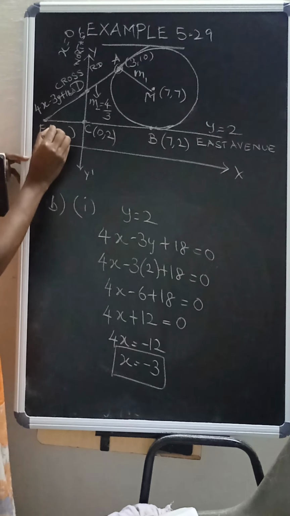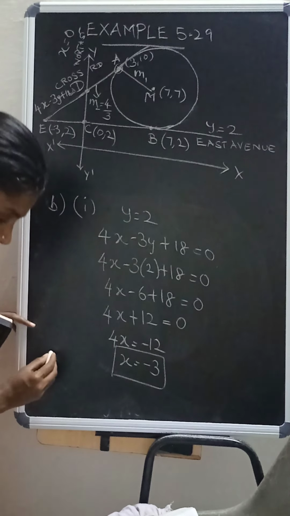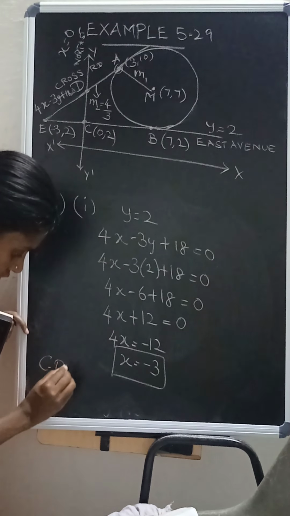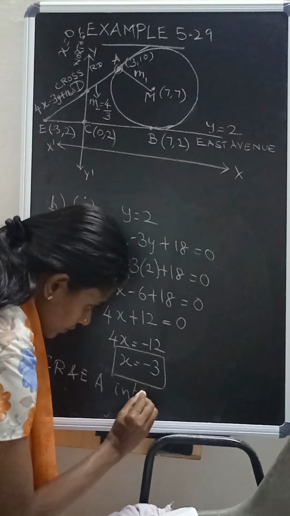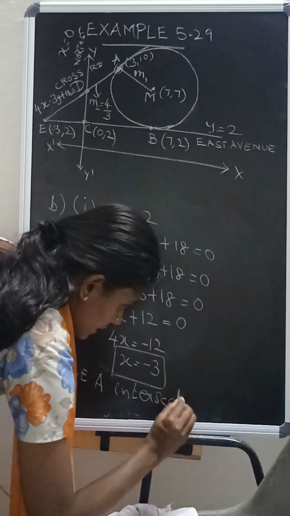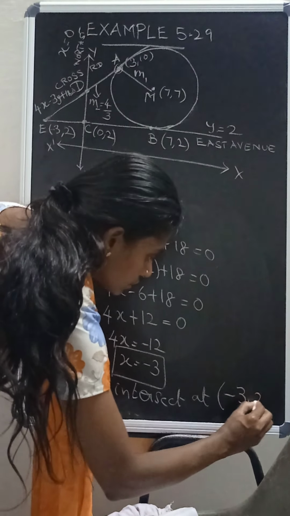So the crossroad and East Avenue intersect at (minus 3, 2).